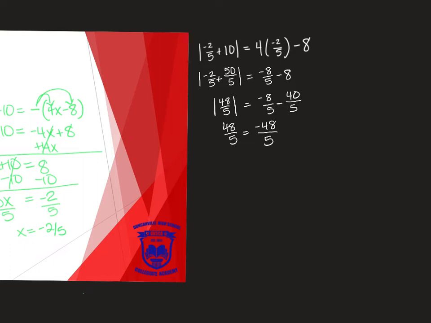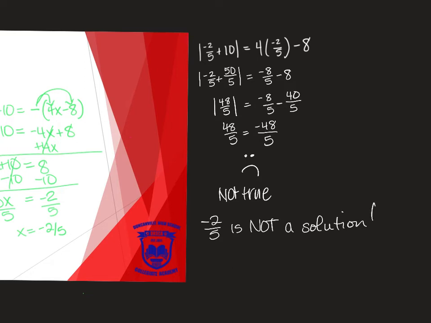Is 48 over 5 equal to negative 48 over 5? No, this is not true. Because negative 2 over 5 gives you an answer that is not true, this means that negative 2 over 5 is not a solution.